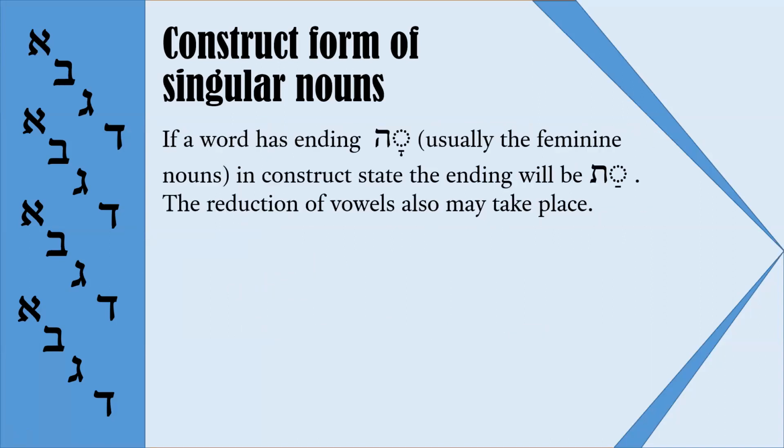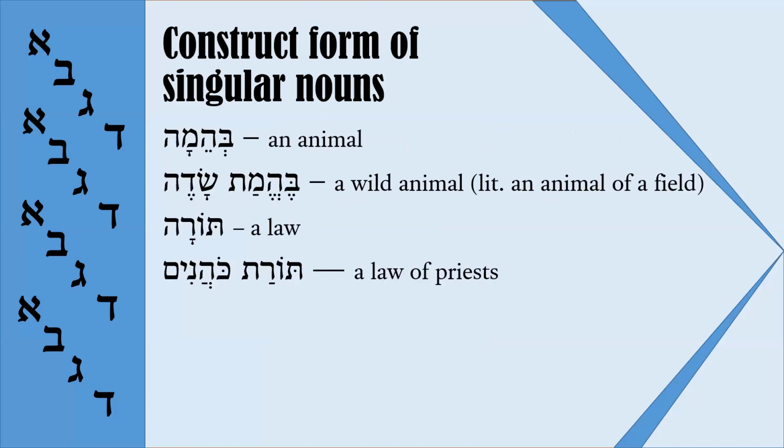Now, if you have feminine nouns, and feminine nouns usually have the ending kametz hey, this kametz hey is transformed to patach taf. Let us see several examples. Behema, an animal, and the construct form would be behemat.